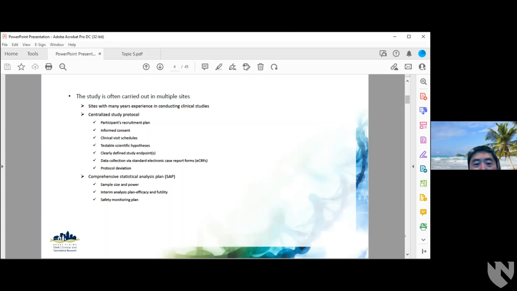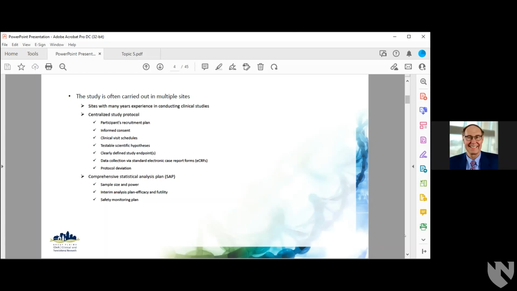Each site you choose probably has many years of experience conducting clinical trials. In conducting this type of trial, you need a centralized study protocol, a unified participant recruitment plan for each site. Then you definitely need to develop the informed consent for patients to sign. Then you have a very rigid clinical visit plan for collecting data.